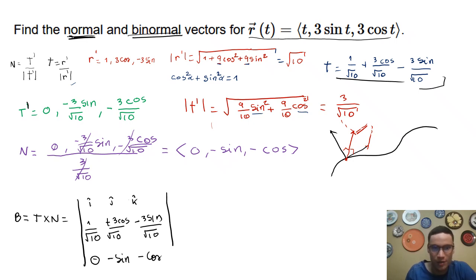So we find the determinant of this matrix, and we got our binormal vector. On i, we will have minus 3 divided by the square root of 10 times cosine squared, minus 3 divided by the square root of 10 times sine squared. This is i.